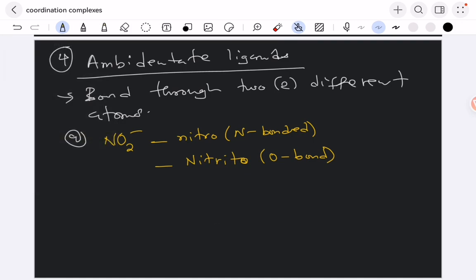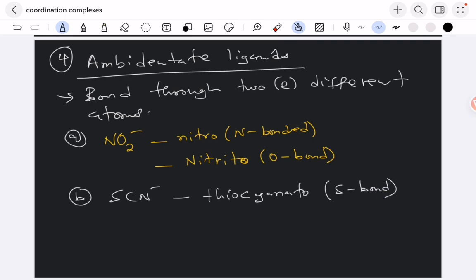The other example is thiocyanate, SCN negative. When bonded through sulfur, it's called thiocyanato. So thiocyanato means it's bonded through sulfur.